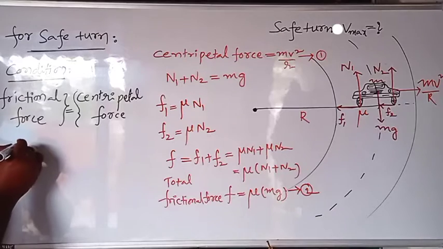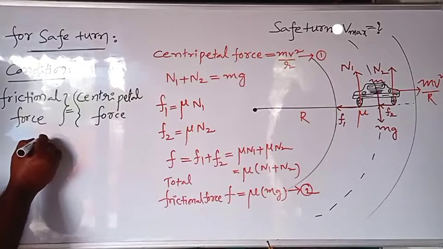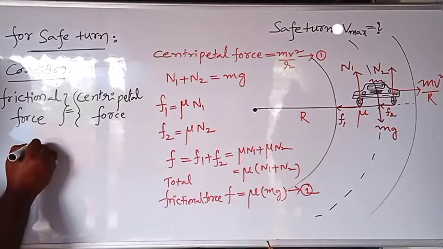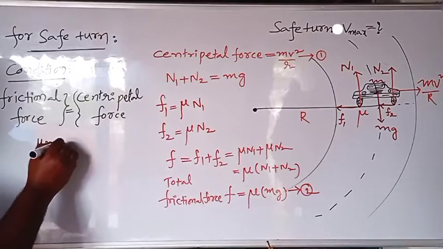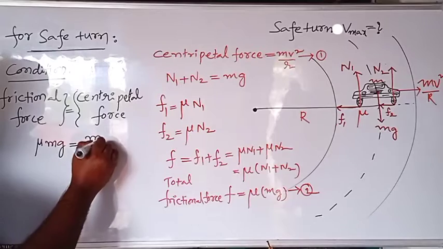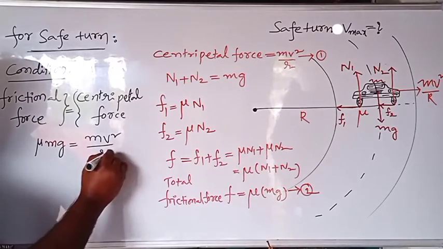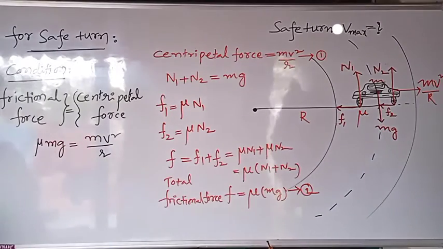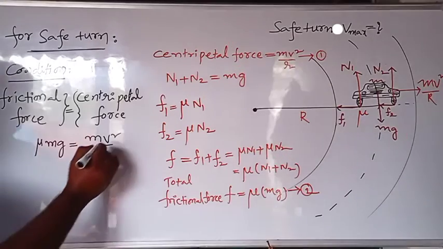Now what is frictional force? mu mg. Centripetal force is mv square by R, take capital R.